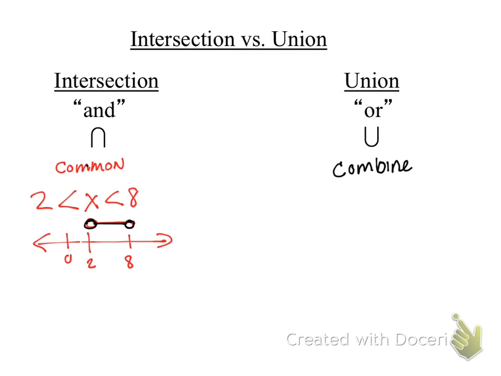So if I were saying the union of set A and B, it'd be 1, 2, 3, 4, 5, 6, 7. Combine the two sets. This is always going to be written as two inequalities. And this on the number line, everybody, is going to look like, here's 0, 2, and 8.